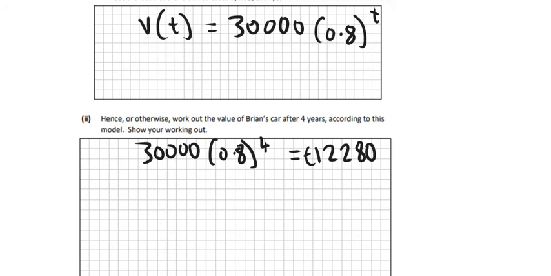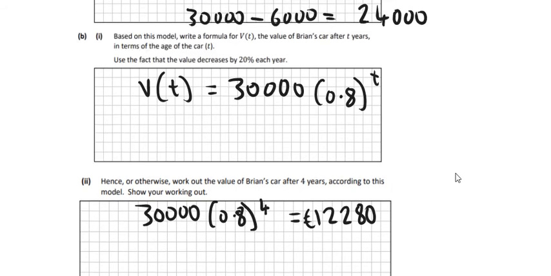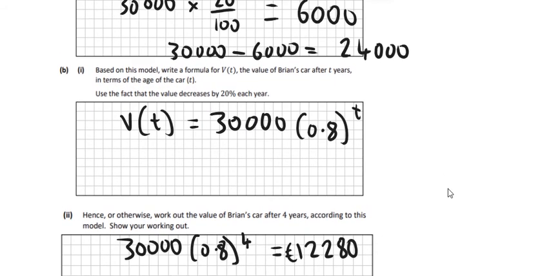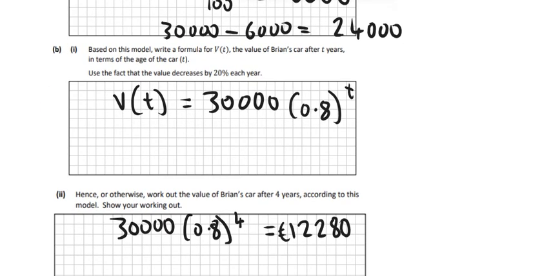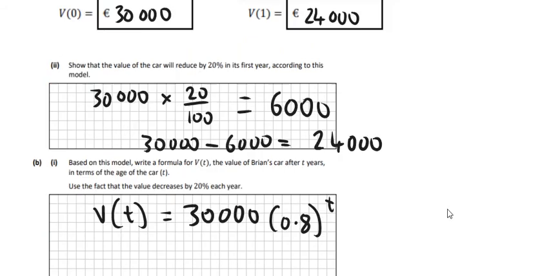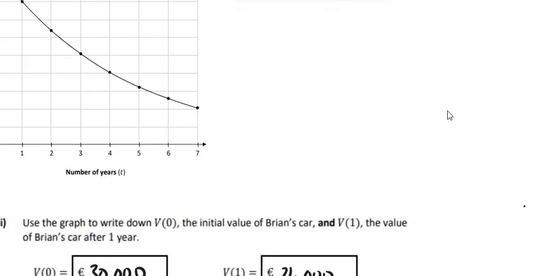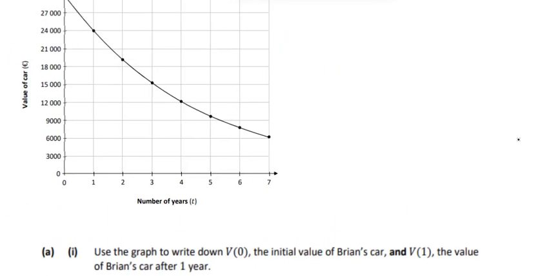So that's how much it's worth after 4 years. So if you look back up this graph, it should be about that, 12,288. Oh, I had put in a 0 instead of an 8 there actually. So it should be about 12,288 after 4 years.